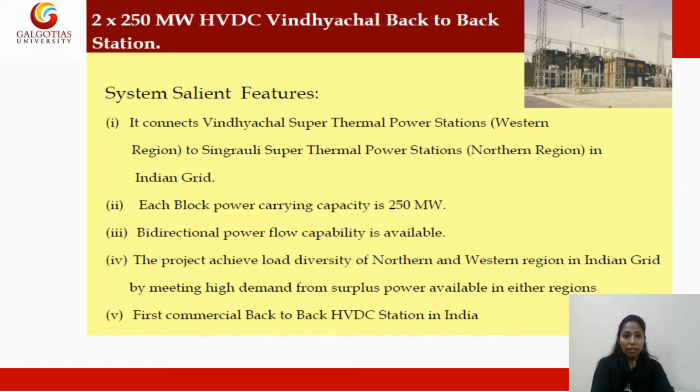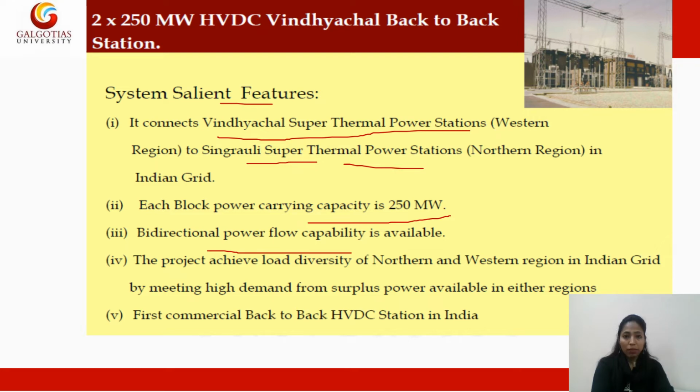Now the salient features of this project: it connects Vindhyachal Super Thermal Power Station in the Western region to Singrauli Super Thermal Power Station in the Northern region of the Indian grid. Each block's power carrying capacity is 250 megawatt, and bidirectional power flow capability is also available in this project.